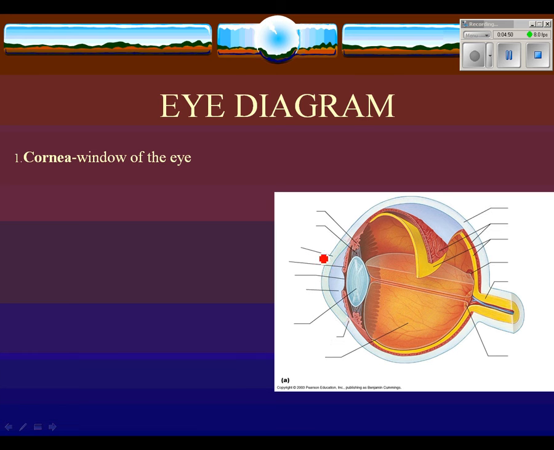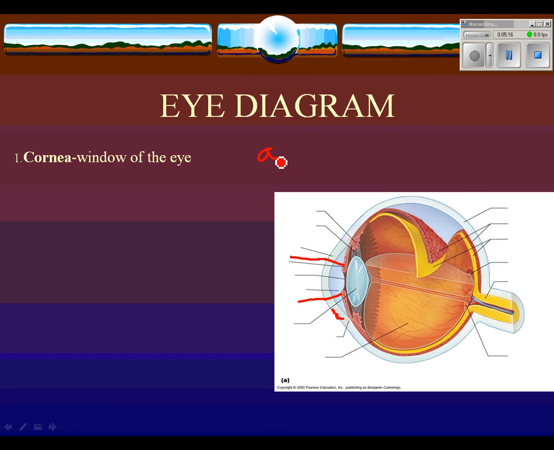If you look at light coming in through a bent object, that light is bent a little bit. It's like looking through the side of a glass or through a window that's bent. The glass is bent, so the light will bend a little bit. So the cornea bends light a little bit.